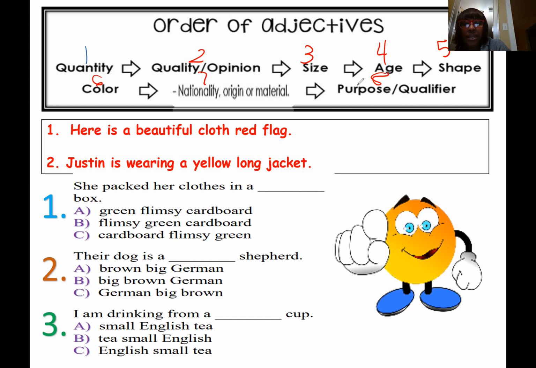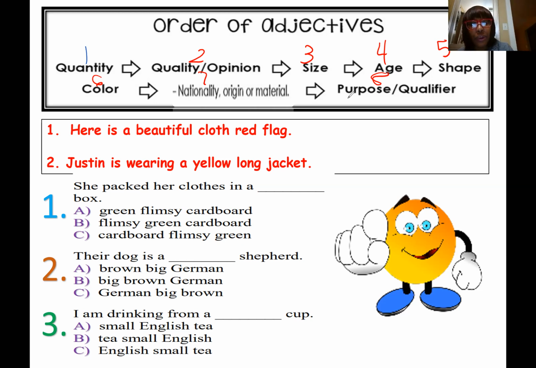I don't want it red. Okay, so we have, here is a beautiful cloth red flag. Immediately, I want to underline the adjectives. Again, we must annotate, and I want to show you what we're annotating. The first step is to underline my adjectives.